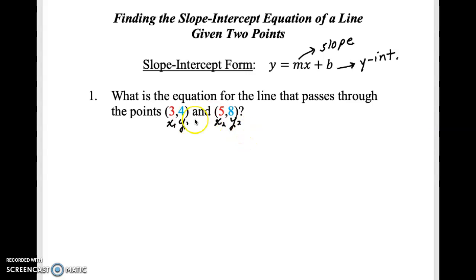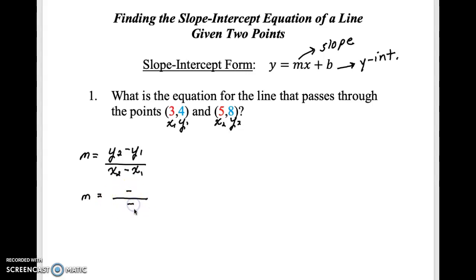Because we are given 2 points, the first thing we're going to do is find the slope between those points. So we're going to use our slope formula, which is the change in y, y2 minus y1, over the change in x, x2 minus x1. So we plug those values in where they belong.